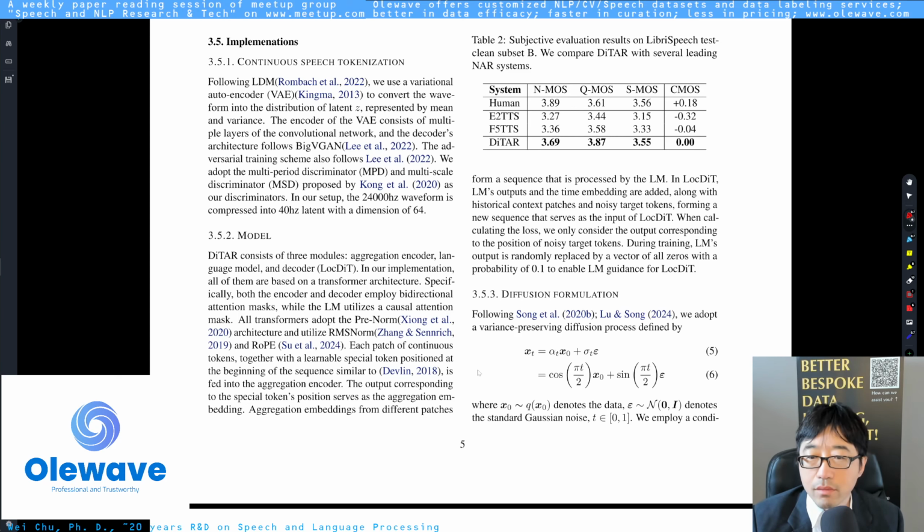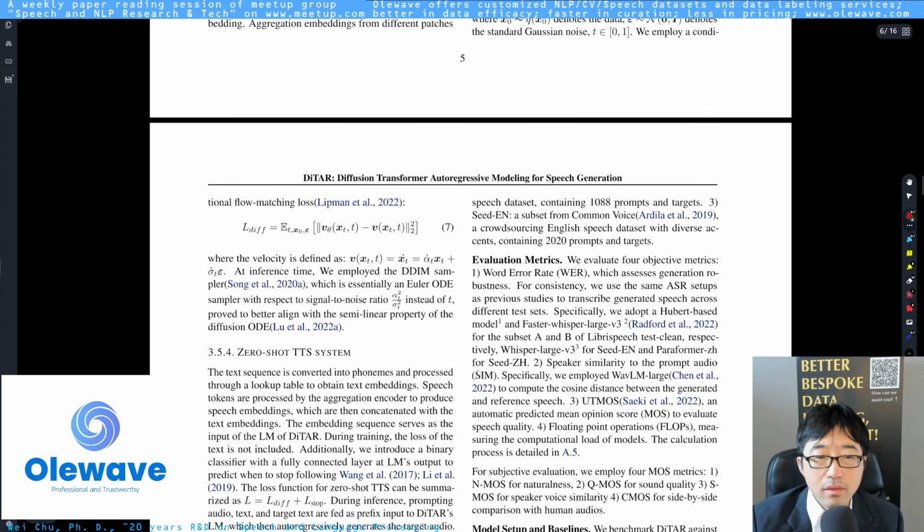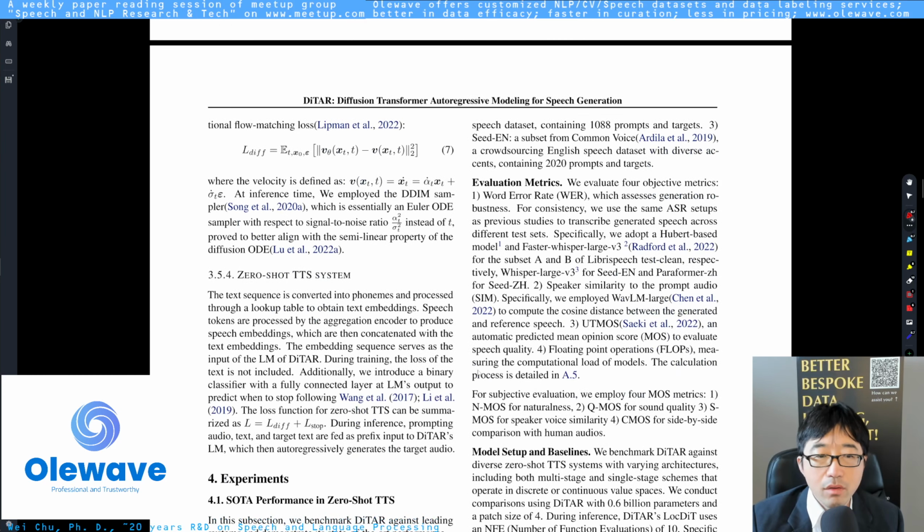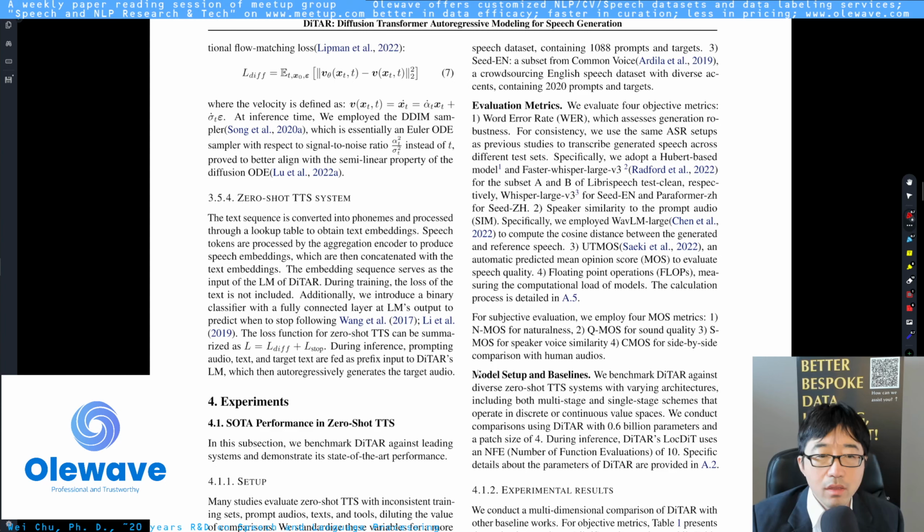Modeling diffusion information. I'm gonna skip that too. Zero-shot TTS. Yeah, zero-shot TTS. So yeah, like I mentioned, they also want to have a loss telling when to stop.